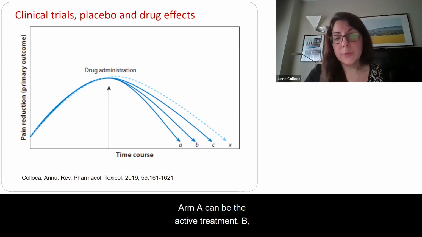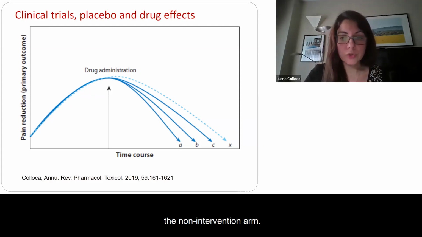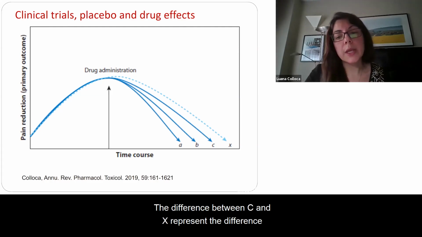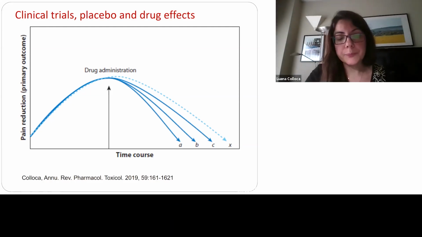Arm A can be the active treatment, B, the positive comparator, C, the placebo, and X, the no intervention arm. The difference between C and X represents the difference that we define as placebo effects. But other differences, for example, B versus C, will be the placebo response.